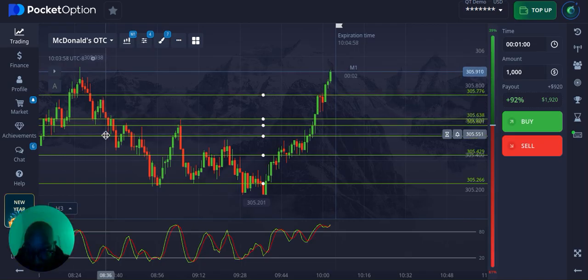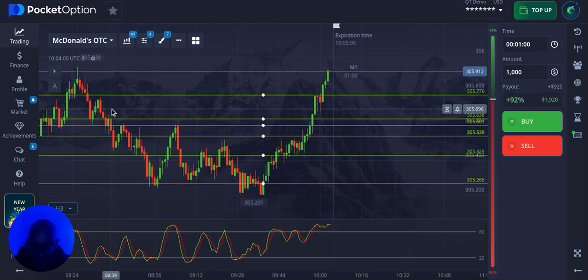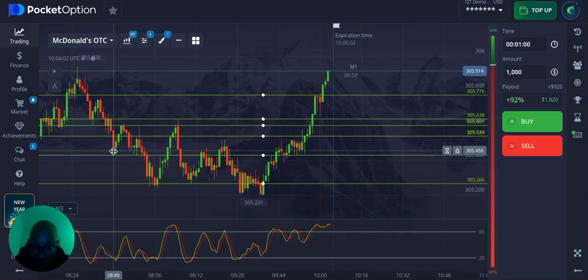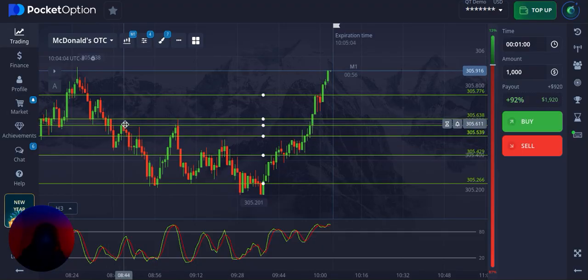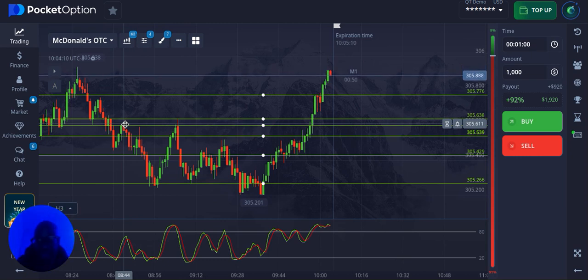From a reversal standpoint, it's not always a reversal as it relates to changing the trend completely, but more or less a reversal as far as price isn't going to go straight up or straight down.